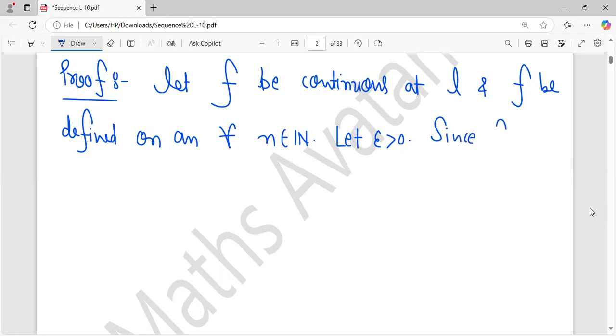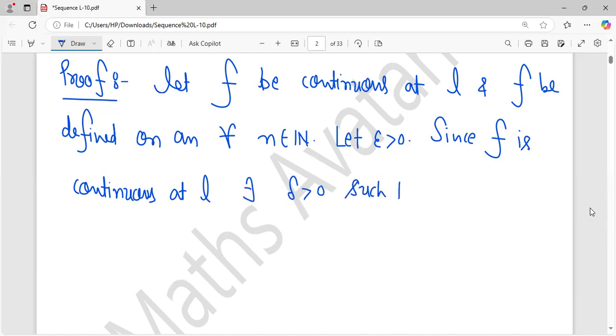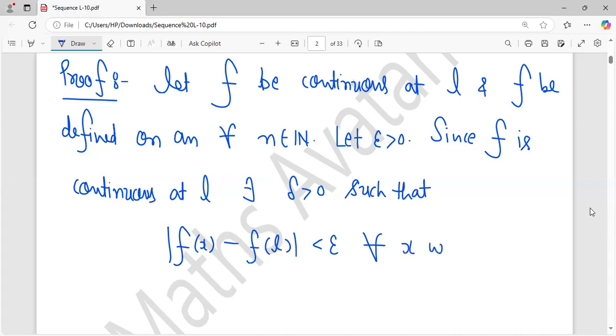Since f is continuous at L, there exists delta greater than 0 such that |f(x) - f(L)| less than epsilon for all x with |x - L| less than delta.